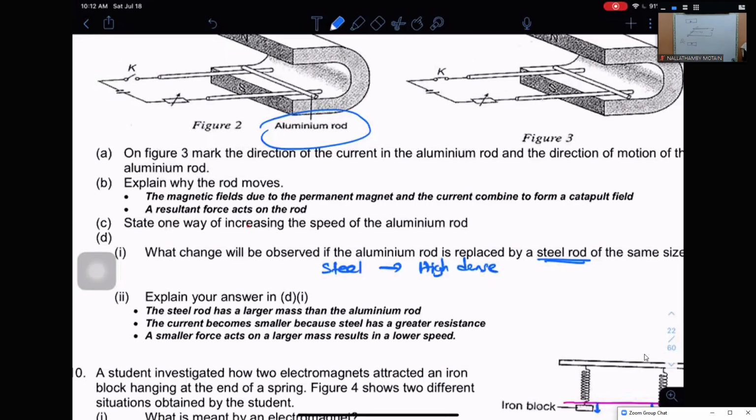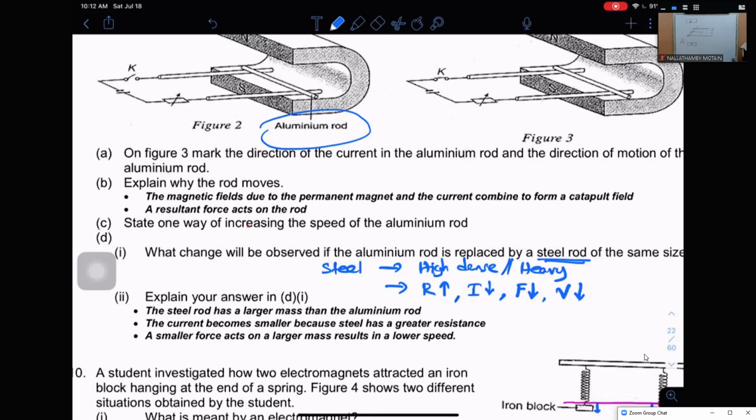If high density, what is it? Heavy. And then next is it has a very high resistance. If it has a high resistance, what happens? Current flow becomes what? Lower. When current flow is lower, force acting is lower. Then the speed of the steel rod will decrease.